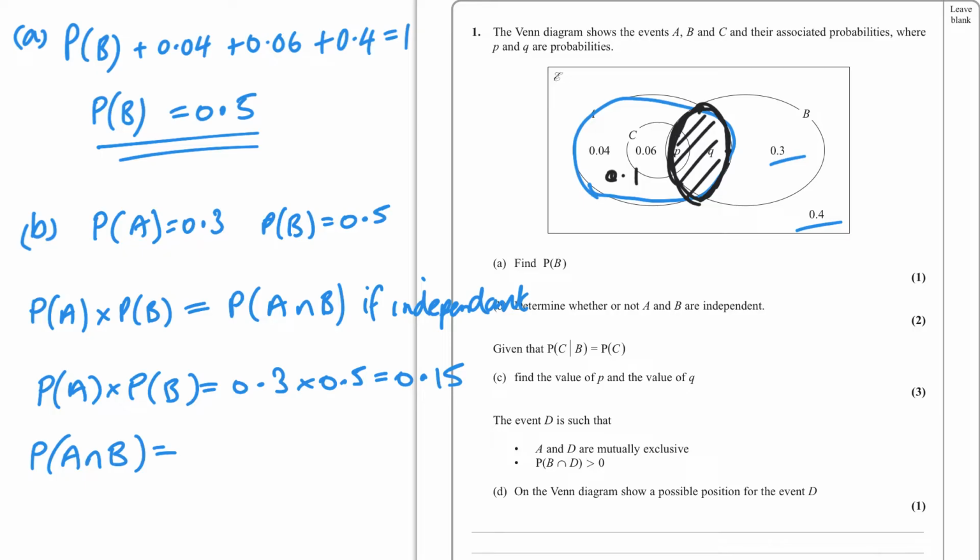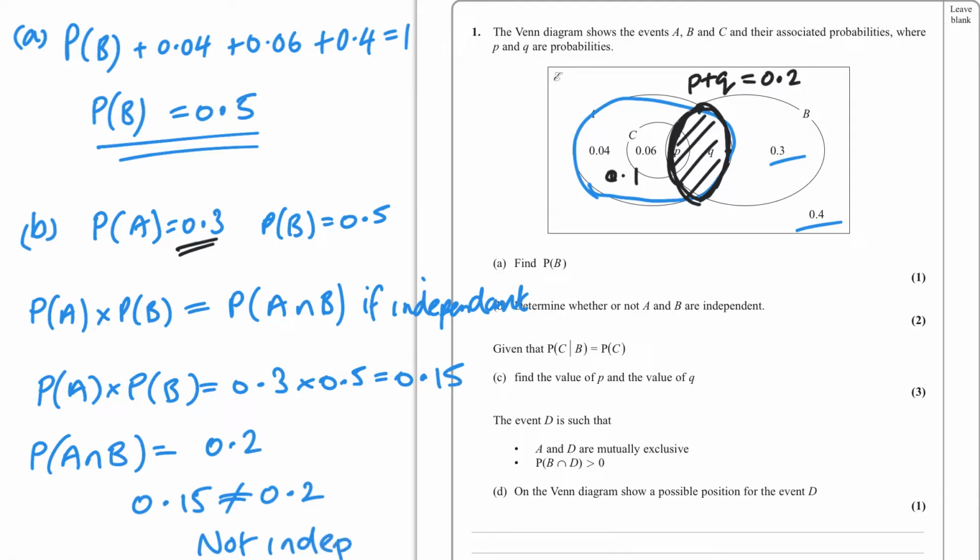Now, I know the probability of A, as we already discussed, is 0.3. So P plus Q must be equal to 0.2. And that'll be useful for later, but for now we know that our intersection is 0.2. And since 0.15 does not equal 0.2, A and B are not independent.